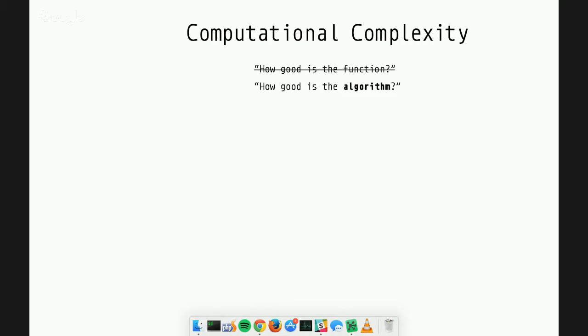So we've been talking about these algorithms, and we want to know how good they are. But what does it mean for an algorithm to be good? Well, on one hand, you want it to be fast, and on the other hand, you want it to be space efficient. So we have one unifying concept that can tell us about the speed and memory efficiency of algorithms through some analysis.